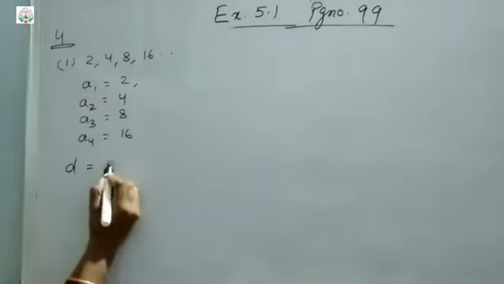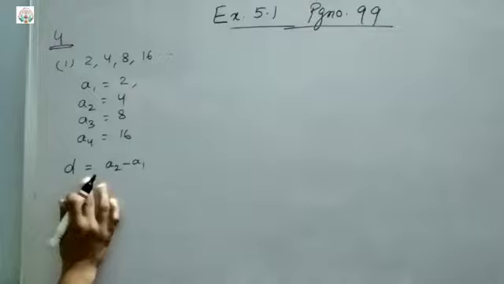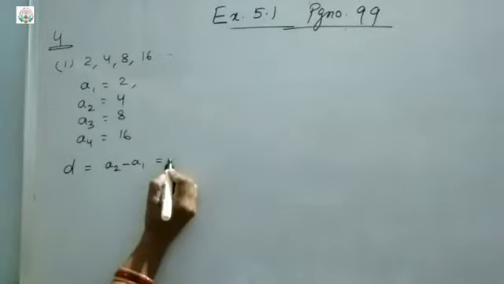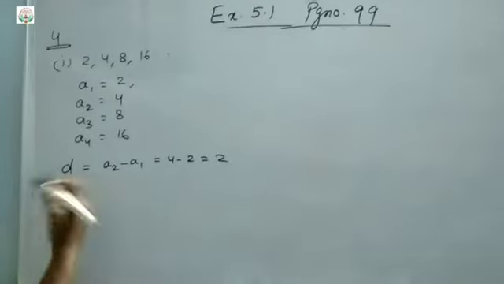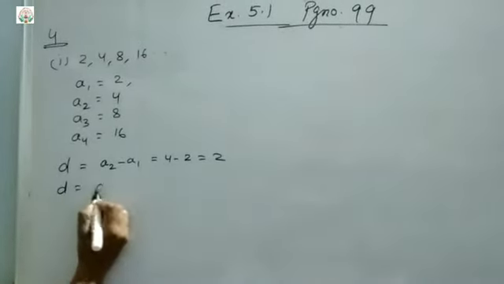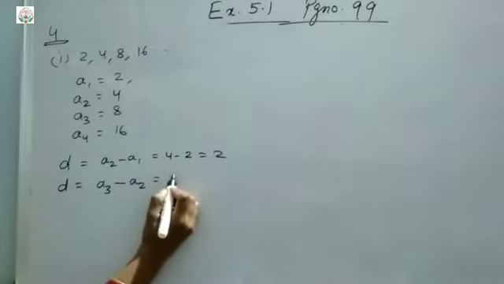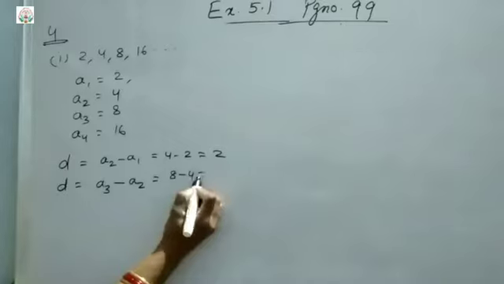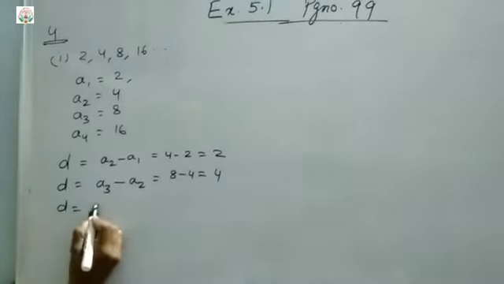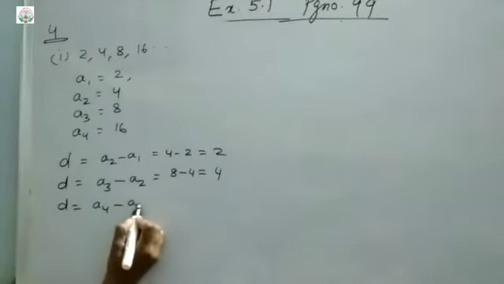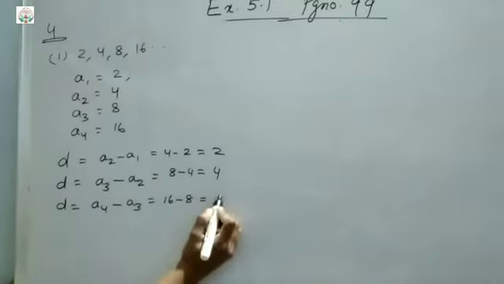D equals A2 minus A1, which is 4 minus 2, equals 2. Second case, D equals A3 minus A2, which is 8 minus 4 equals 4. Then D equals A4 minus A3, which is 16 minus 8 equals 8.